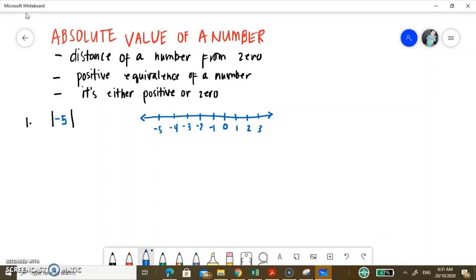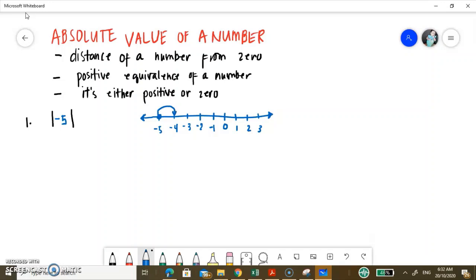So always remember that for the number line, it has to have arrowheads on both ends that would indicate that it would extend infinitely. So yung number, yung -5, ayan, here's your -5. If you're going to find its distance from 0, you just have to count.